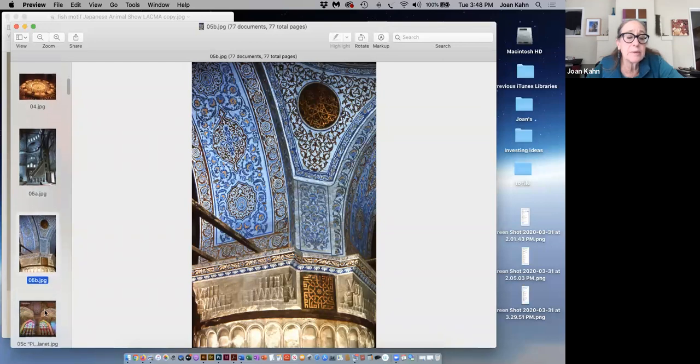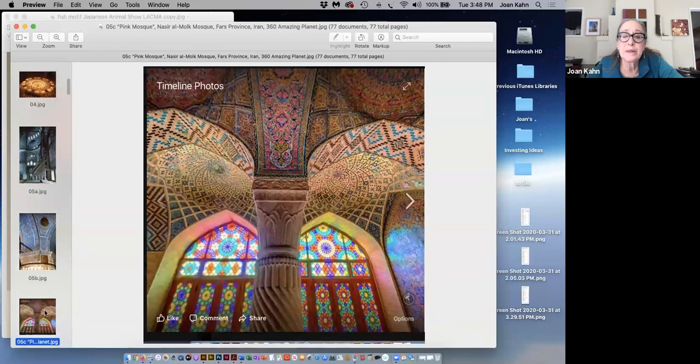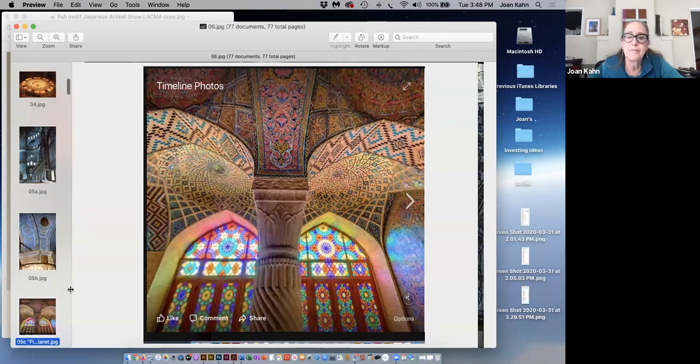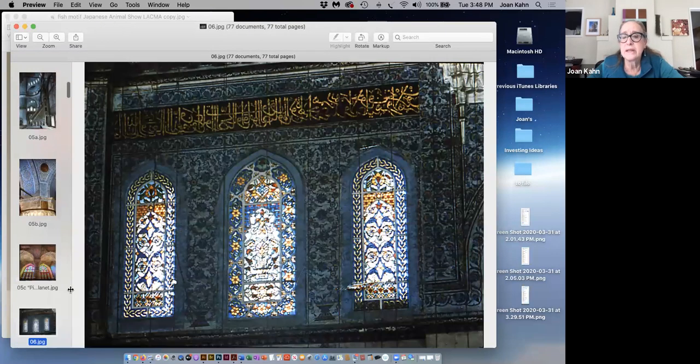Moving downwards, another picture of Islamic decoration, which I thought was really beautiful. A friend of mine sent this, very, very beautiful colors also. I took this again in a mosque in Istanbul because I thought it was interesting that on the inlaid rectangle above the stained glass windows, there was this calligraphic, and it's probably Arabic, writing motif.